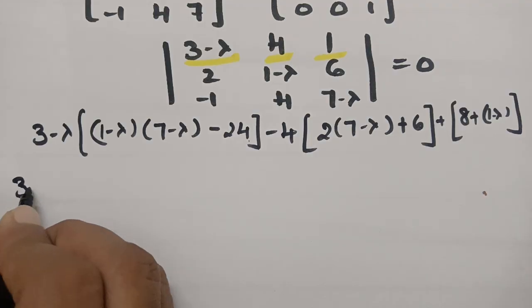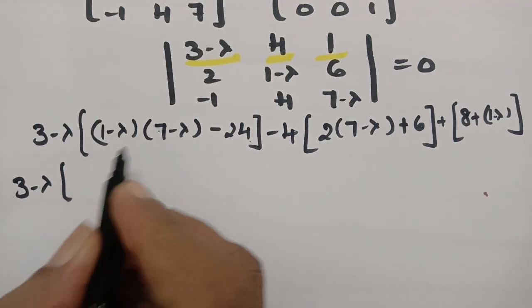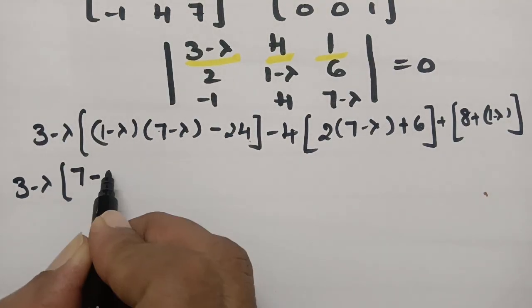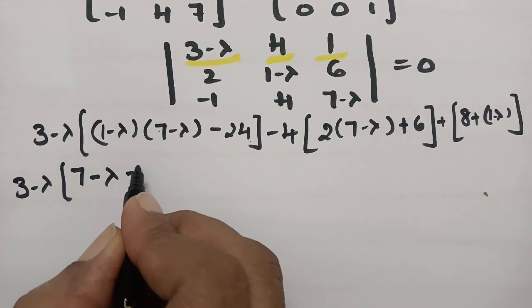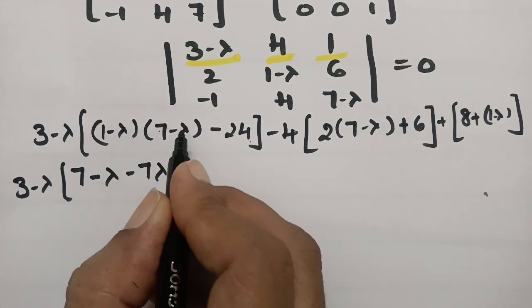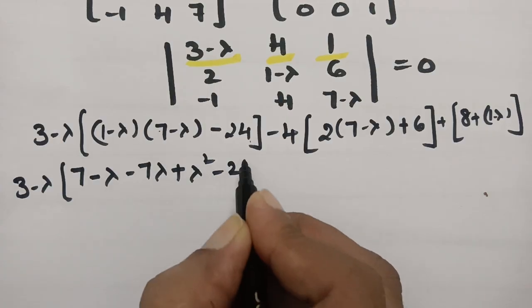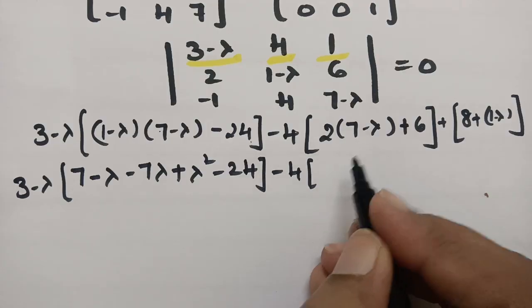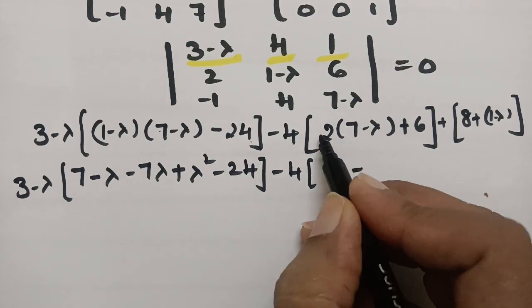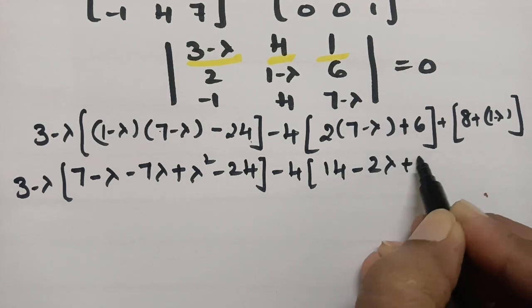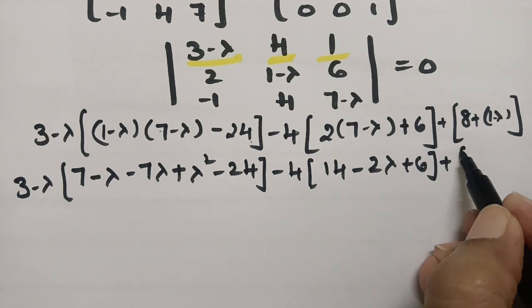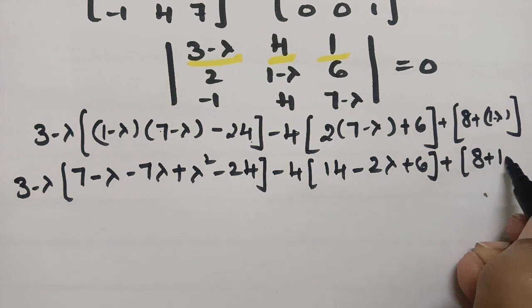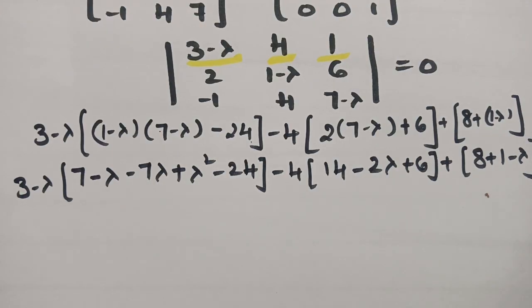This is going to become (3 minus lambda) times of, if I multiply, this is 7 minus 8 lambda plus lambda square minus 24, minus 4 times of, this is 2 7s are 14 minus 2 lambda plus 6, and this value is 8 plus 1 minus lambda, clear.